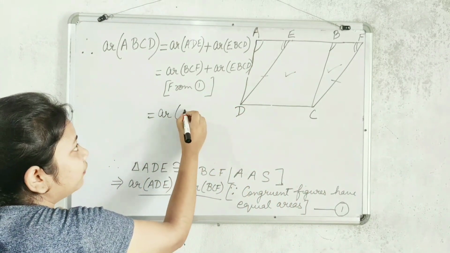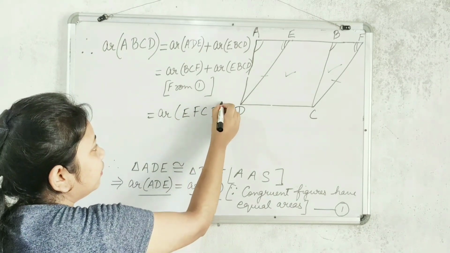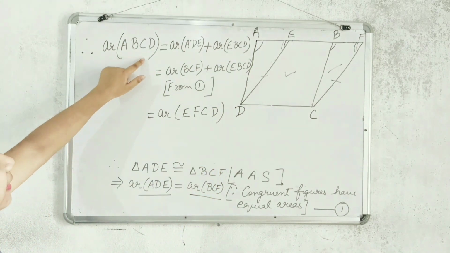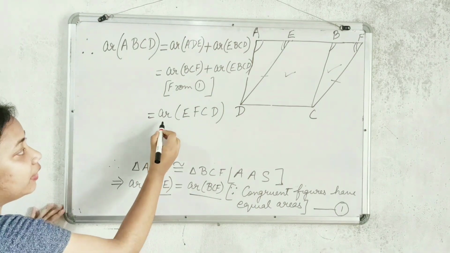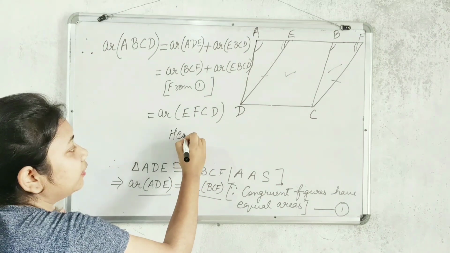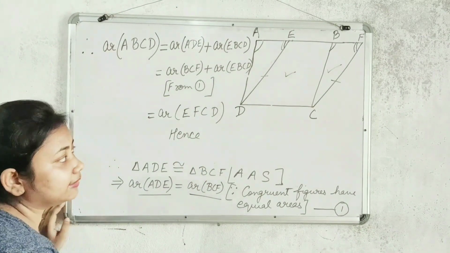So hence we got that the area of parallelogram ABCD is equal to the area of parallelogram EFCD. Hence we got the areas of the two parallelograms on the same base CD equal.